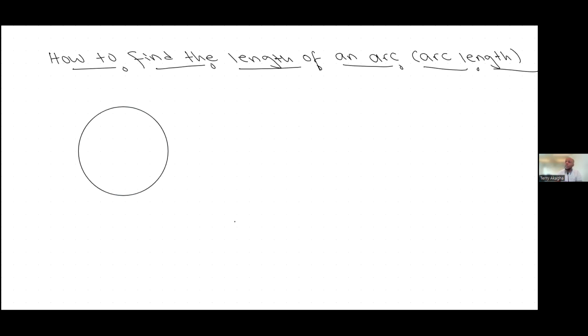So if, for instance, I decide to choose only a part of this circle, only this part here, this is what we call an arc.